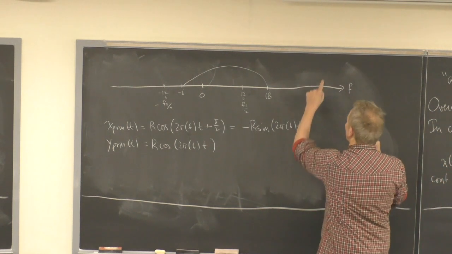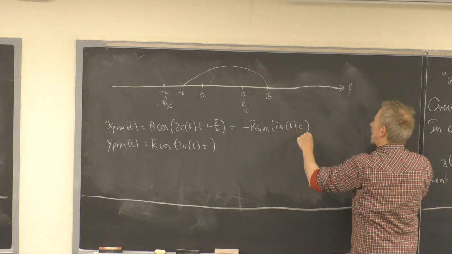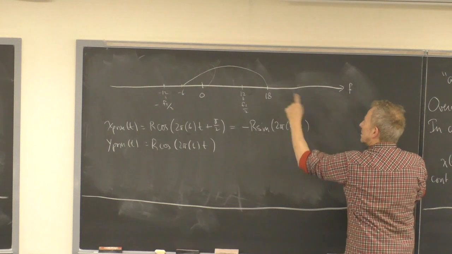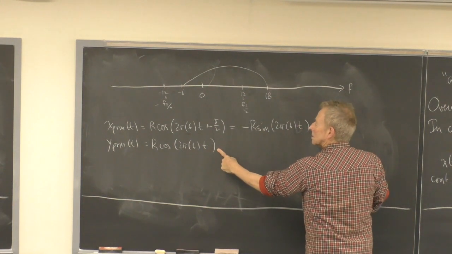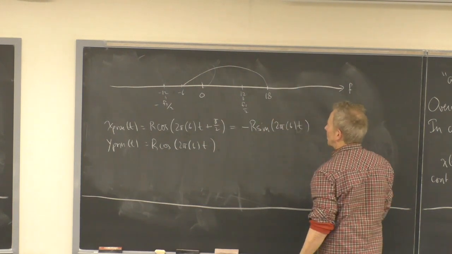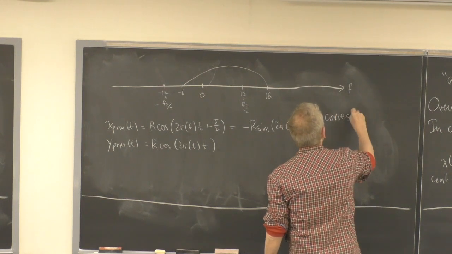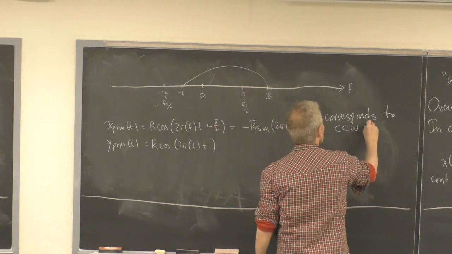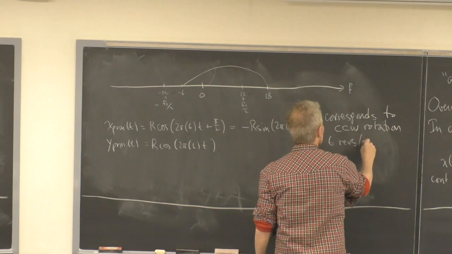X is starting at 0, and then it's going negative, and then it comes back up to 0, and then it goes positive. This one is doing the same thing as before. It starts at 1, goes down to 0, comes back up, and so on. So this corresponds to counterclockwise rotation at 6 revs per second.